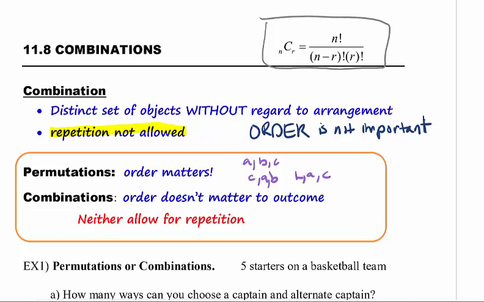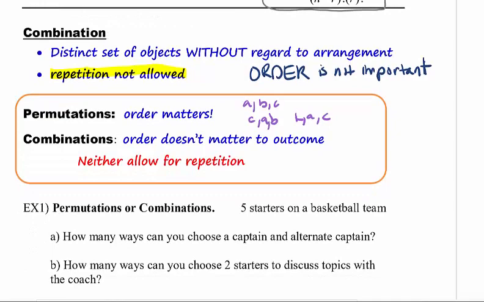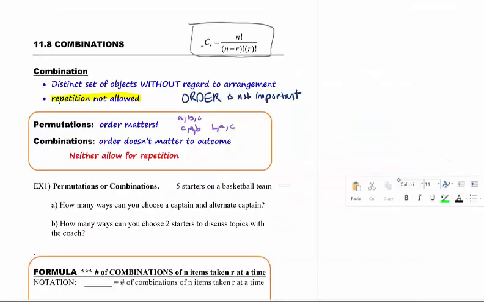But for combinations, order doesn't matter, so all three of those would be the same. So again, stop and think about that. If you take three letters and you change the order, that matters for permutations. If I have three letters, it doesn't matter the order I put them in if I'm talking about a combination. So you've got to ask yourself in the beginning, does order matter?